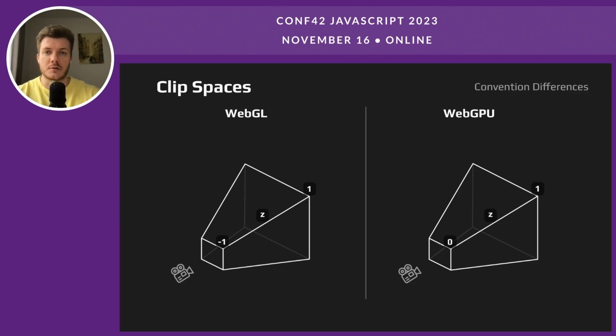While WebGL uses a range from -1 to 1, WebGPU uses a range from 0 to 1, which is similar to other graphics APIs like Direct3D, Metal, and Vulkan. This definition was made based on advantages of using the range from 0 to 1 that were discovered while working with other graphics APIs.